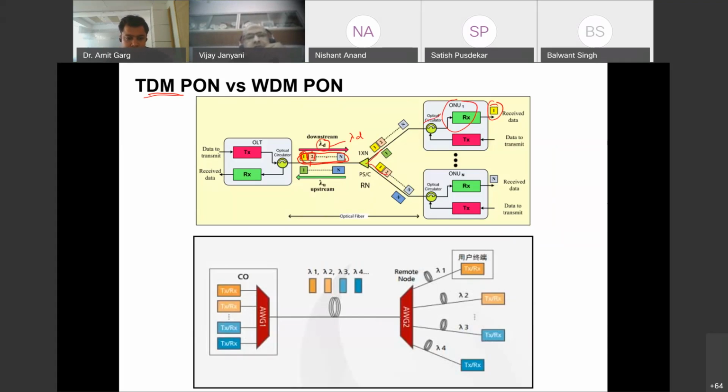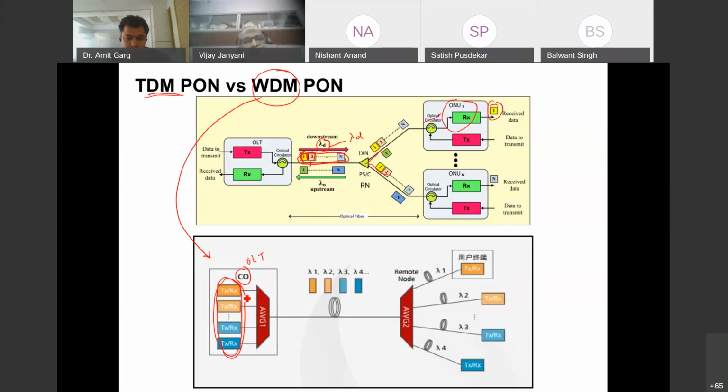Now, what happens in the downstream direction, or basically what happens in this WDM? This is what is happening here. In WDM, again, you have a number of transmitters at the central office, or OLT, you can say. You can also call this the OLT.